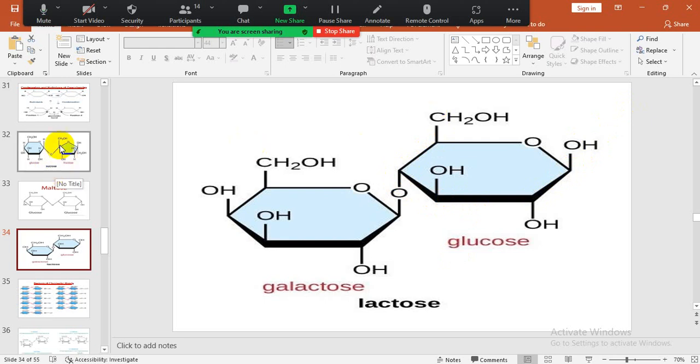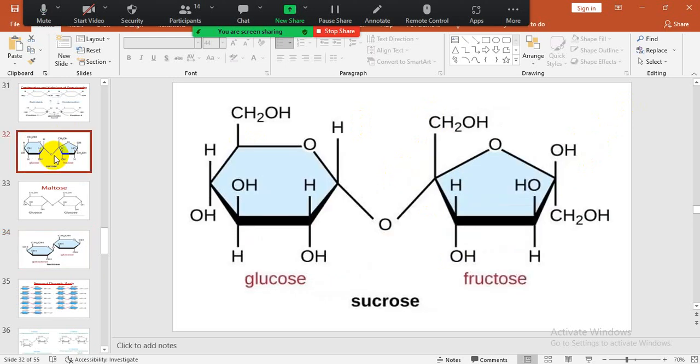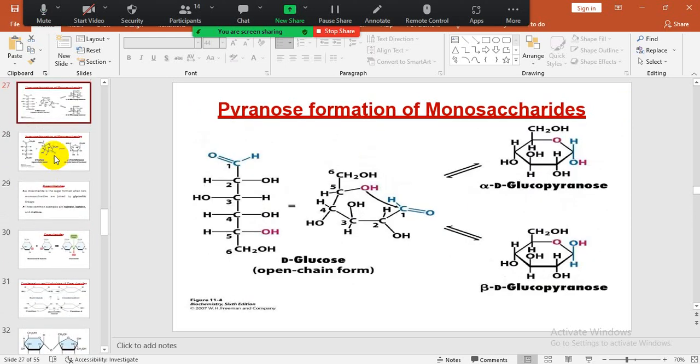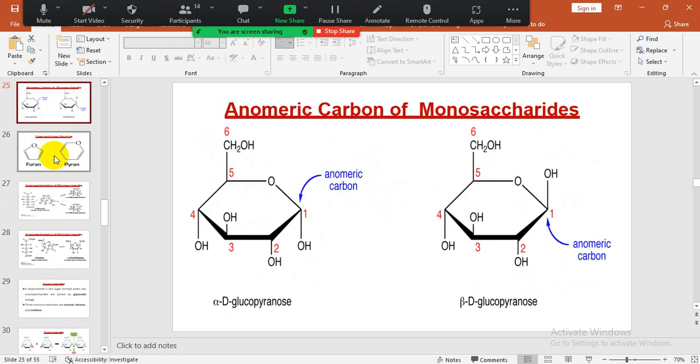Yes. You don't understand? Okay. This is carbon 1, carbon 2, carbon 3, carbon 4, carbon 5, carbon 6. Do you understand? Yes, sir.